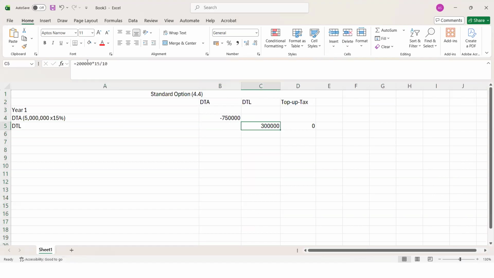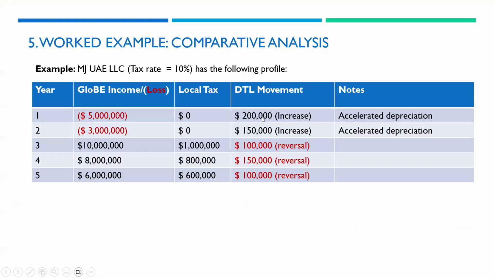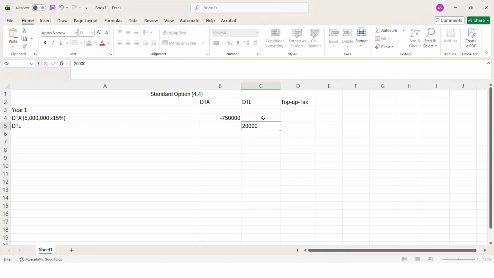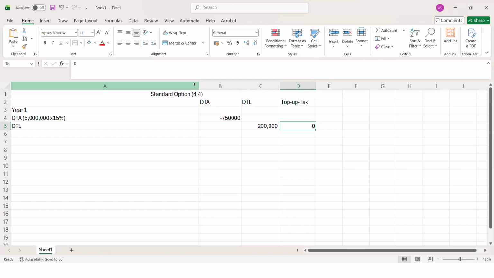So DTL is going to be how much? 200,000. And income tax is going to be zero. Is it clear?